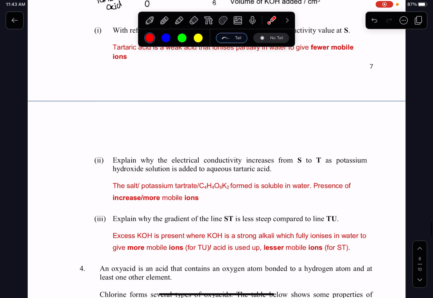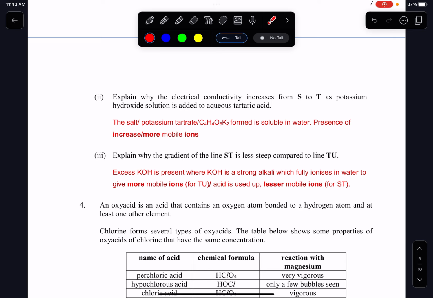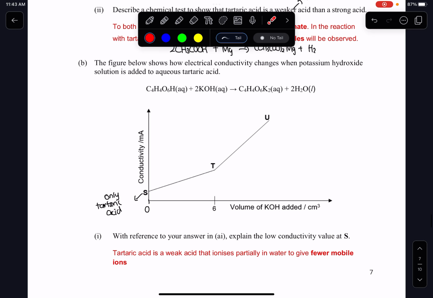Okay. For part 2, explain why the electrical conductivity increases from S to T as you add potassium hydroxide to the aqueous tartaric acid. A lot of you said that because you add potassium hydroxide, you are adding OH minus ions which are free to move. While that may be true, whatever potassium hydroxide you add is immediately reacted with tartaric acid to form potassium tartrate.